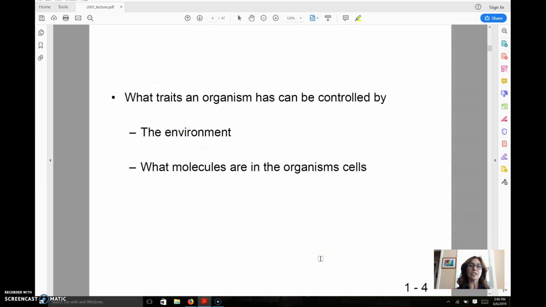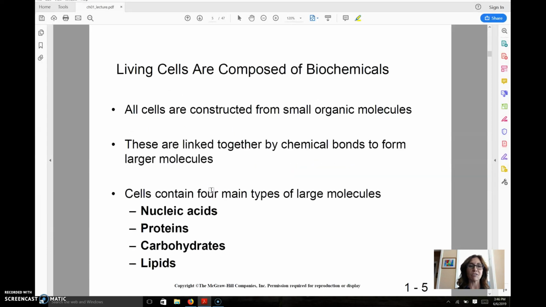So basically, what's going to be affecting the traits of an organism? The molecules for sure, okay? The molecules that are in the organism's cells, but the environment shapes how those molecules react sometimes in the organism itself. And so living cells we have to think about now as a group of biomolecules. So what are biomolecules? These are molecules that are basically organic molecules.